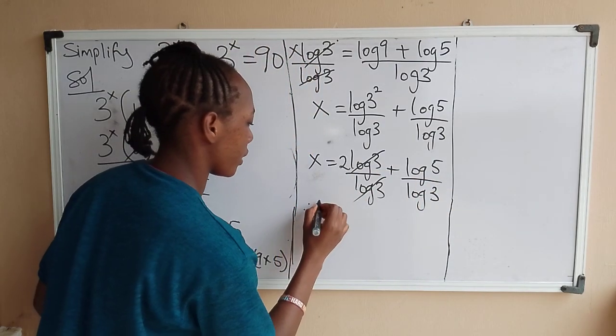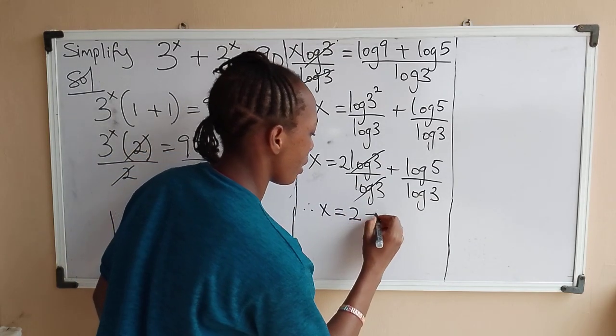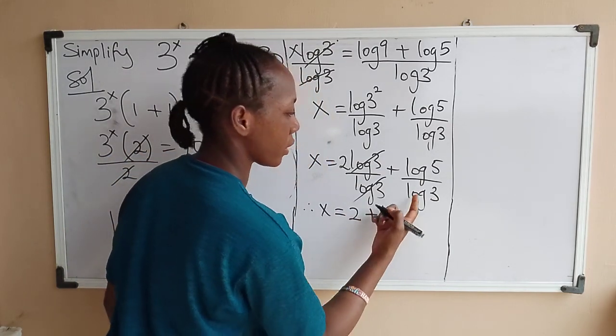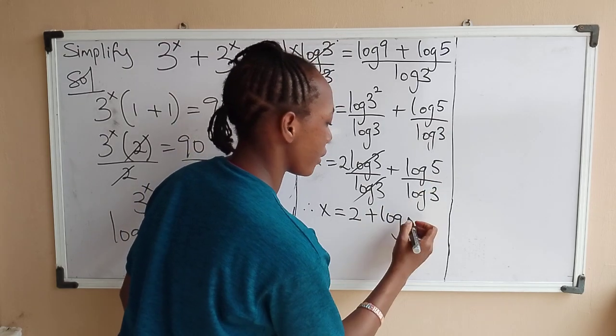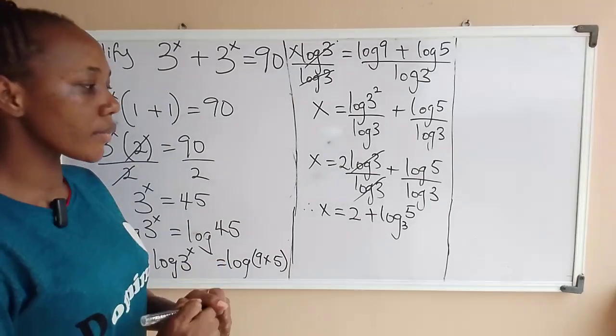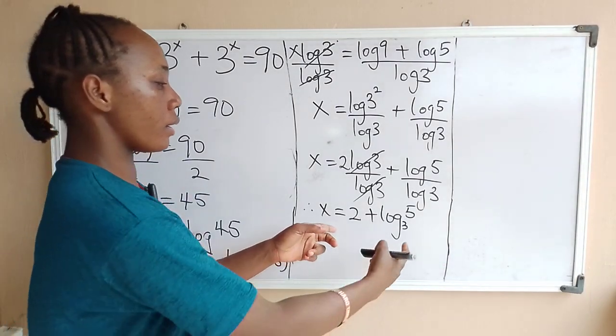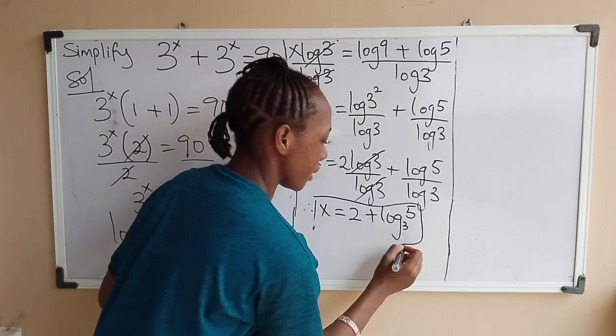And so our x, but that's not where we're going to stop. It is 2 plus, since they are both on the same base, which is base 10, log 5 to base 3. Are you getting it? So right here, this is the value for x.